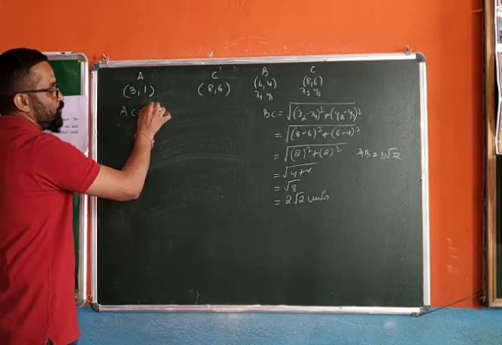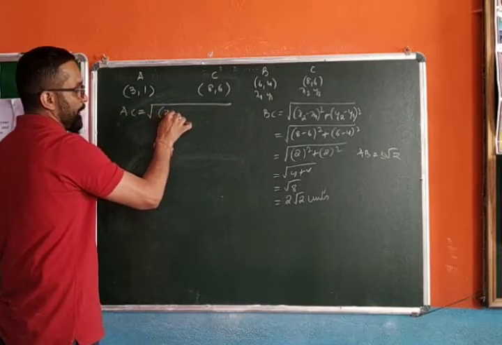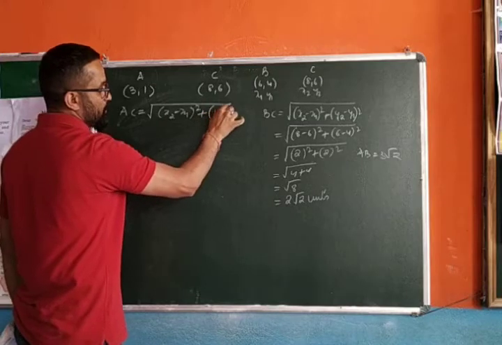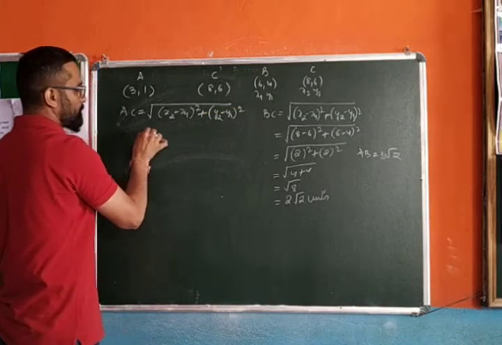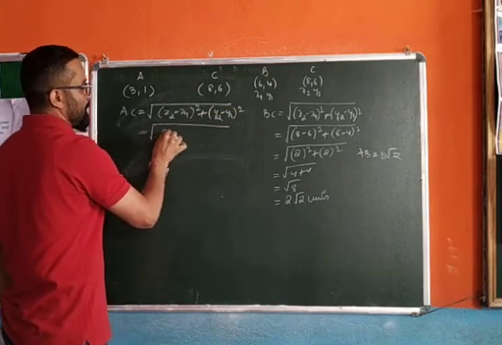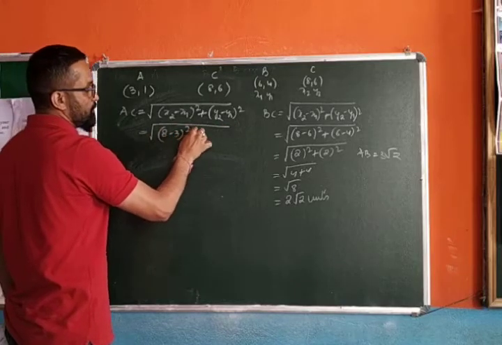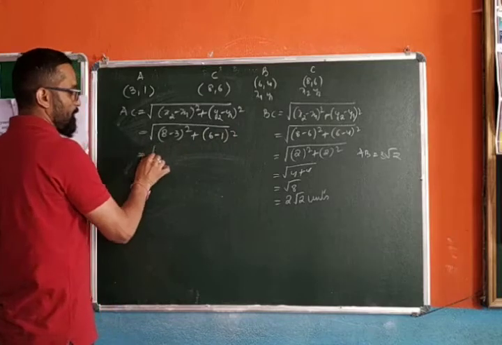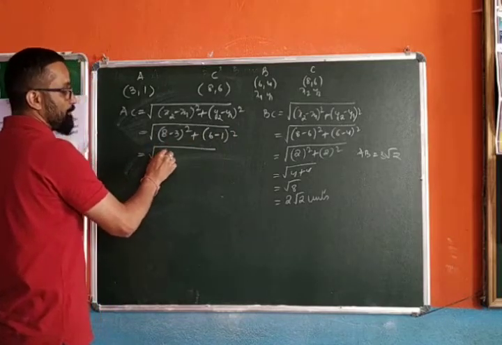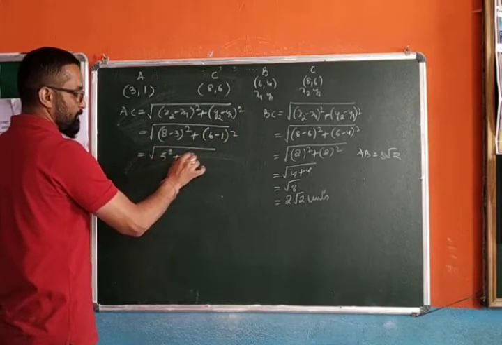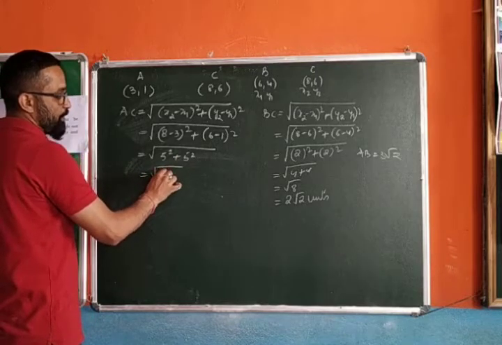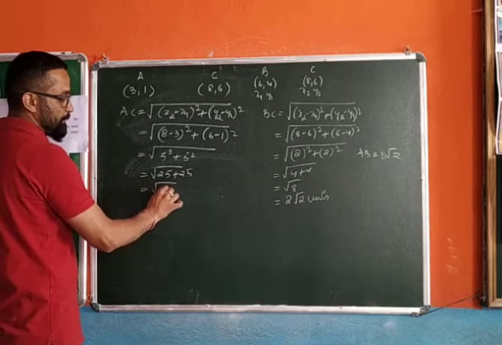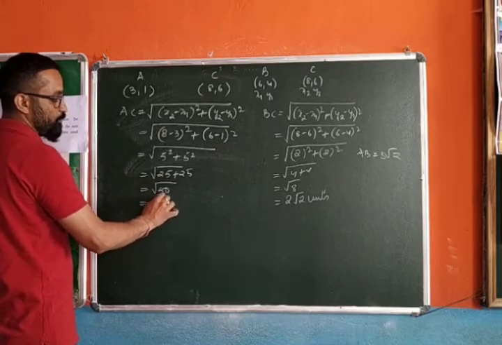AC equals to root x2 minus x1 whole square plus y2 minus y1 whole square. Root 8 minus 3 whole square plus 6 minus 1 whole square. It is equals to 5 square plus 5 square, 25 plus 25, which is equals to root 50. It can be written as 5 root 2.